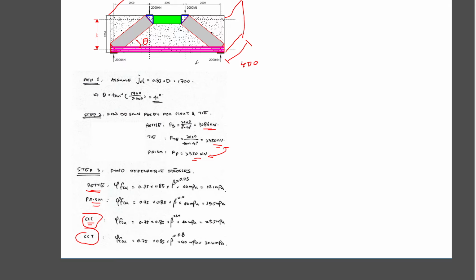Once we have that, the next step is to look at the geometry of the nodes. First we look at the CCC node, because it is straightforward and we don't need to consider the reinforcement at the moment, so we can easily work out the required width for this prism strut.